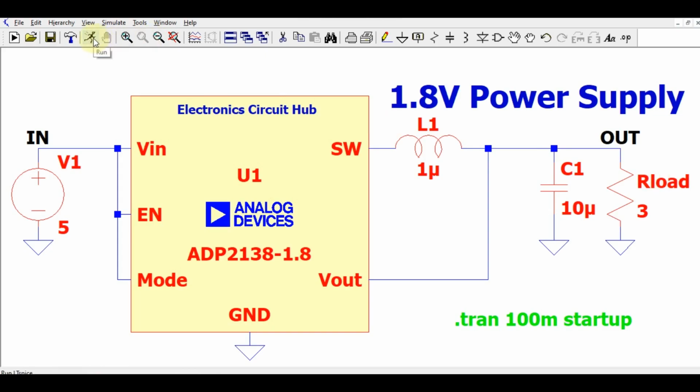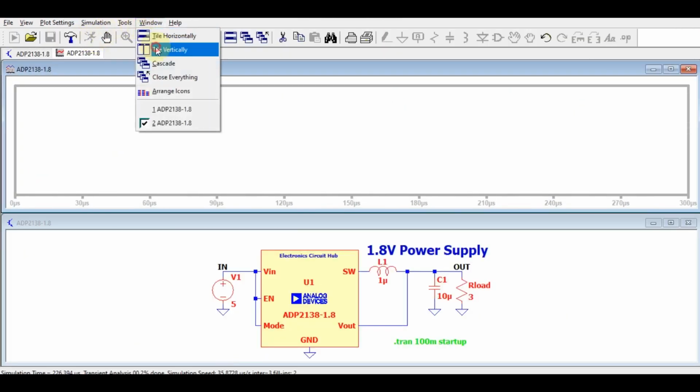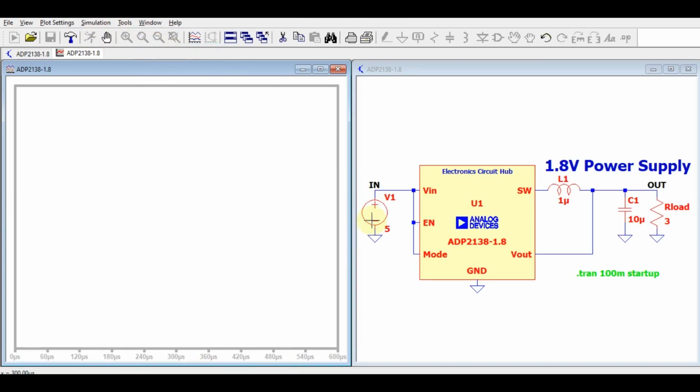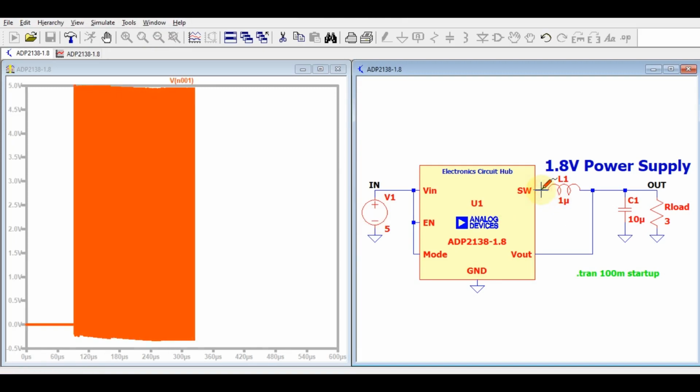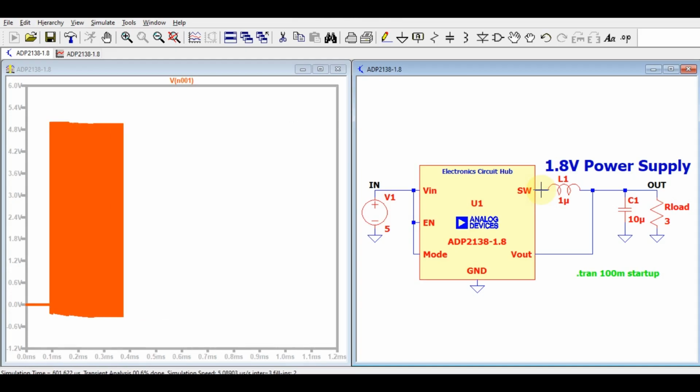So I will run the simulation. So this is the simulation. Let me tile the window vertically and let me show you the voltage at this node. So this is basically the switching frequency. How your circuit switches at this point. This is very important.